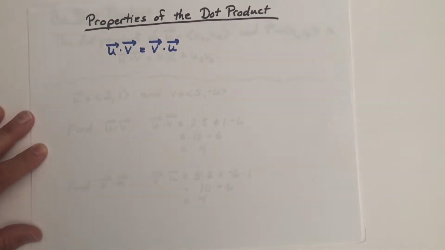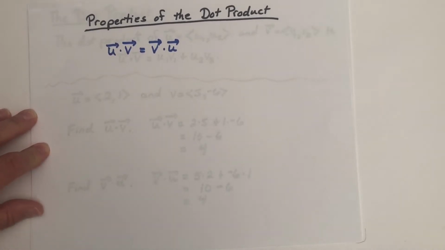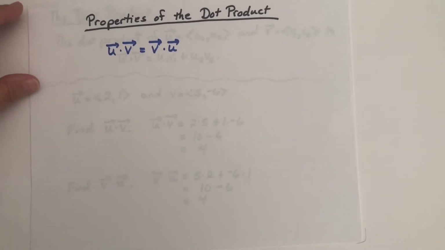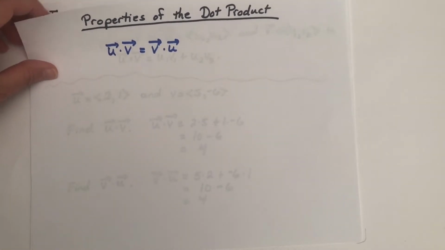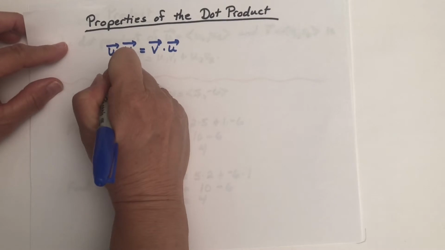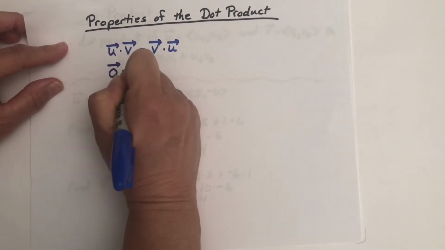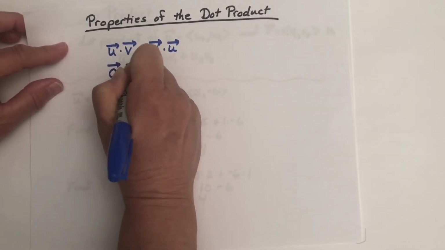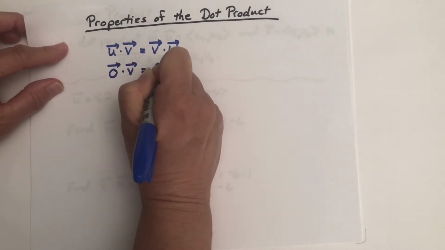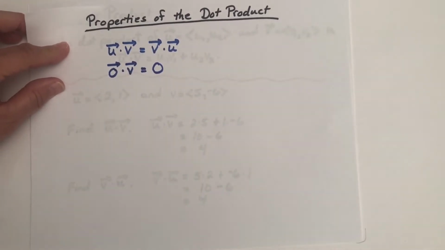There's another property that I want to talk about just briefly, and that is when you multiply a vector v by the zero vector, the result is just the scalar 0, or the number 0.